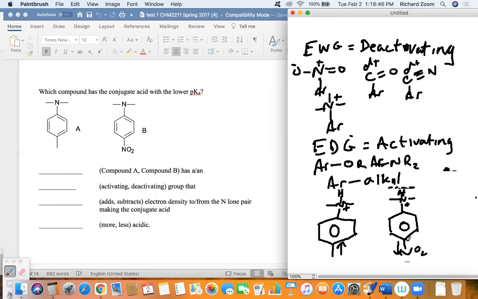But it is adding electron density into the ring, and therefore to the nitrogen lone pair. I don't think I've said anything that's contradictory.